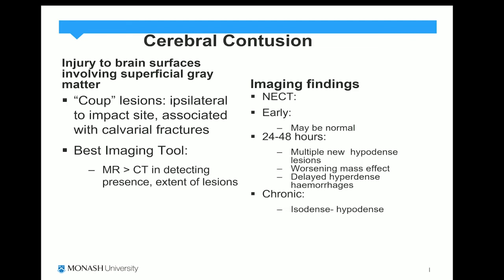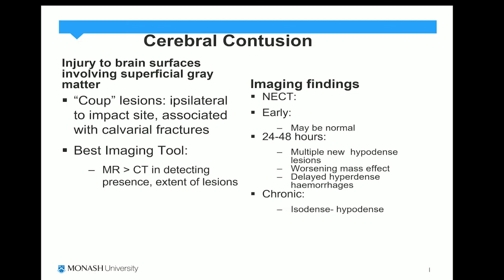So as I said already, in the early hours it may be normal. After 24 to 48 hours, multiple new hypodense lesions might become visible, and then over time they will have a worsening mass effect with delayed hyperdense hemorrhages.